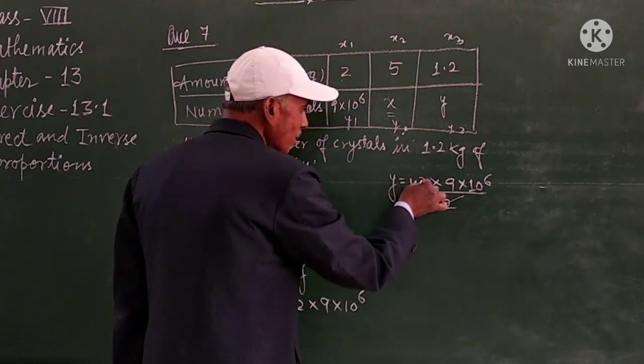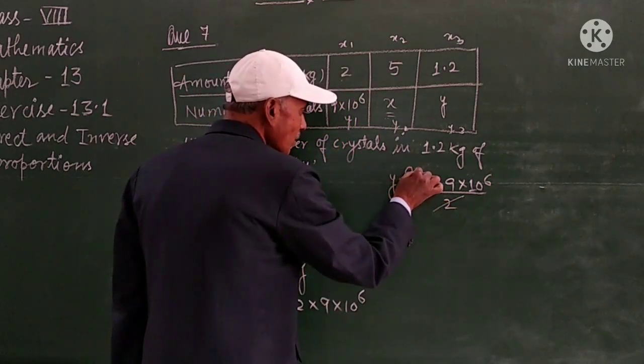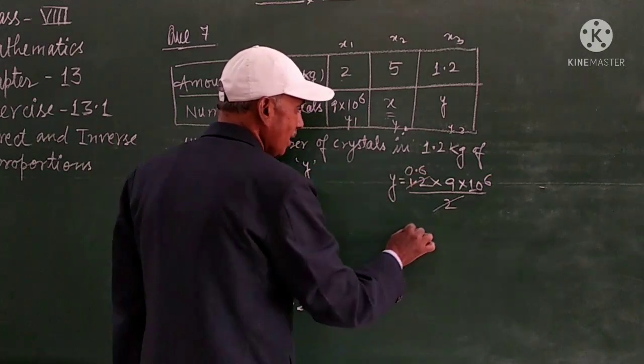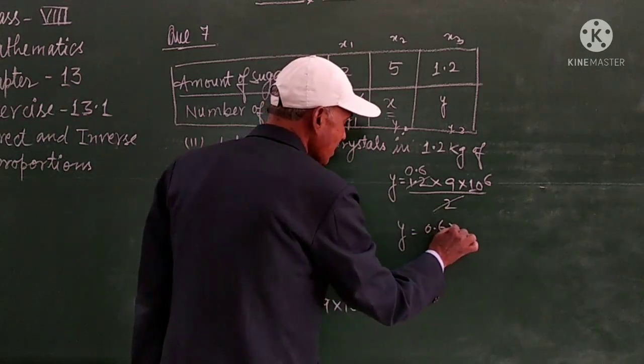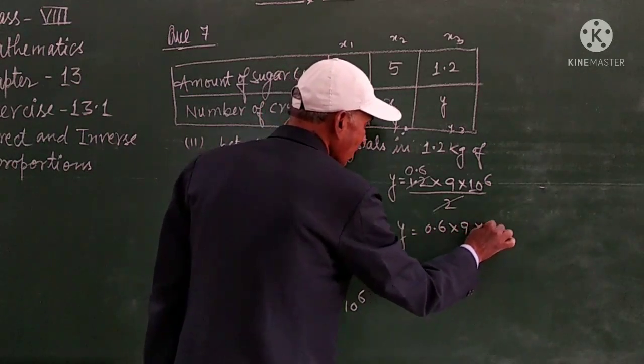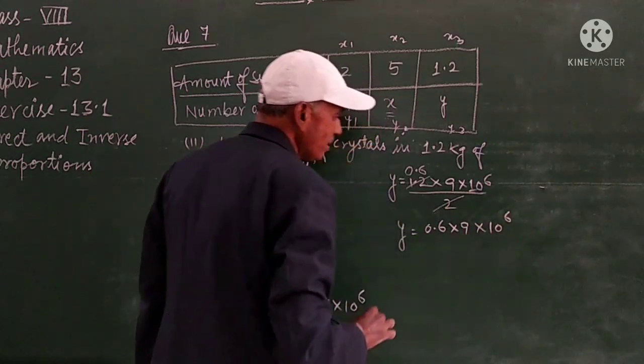Student, this one 2 sixes are 12, so 0.6 it will be. So y is equal to 0.6 into 9 into 10 to the power 6.